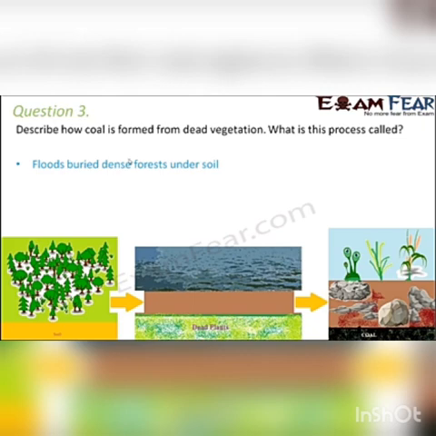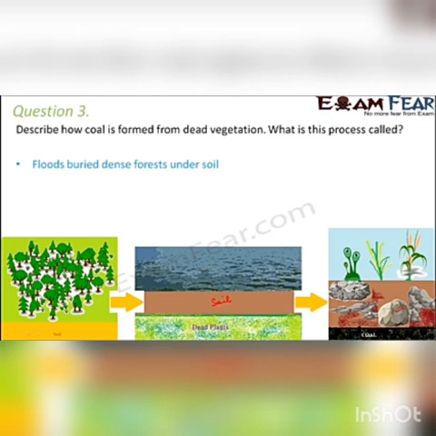So floods buried the dense forests under the soil. As you can see here, these are the dense forests, the dead plants. Above the dead plants was a layer of soil, and over a period of time, by which I mean millions and millions of years, this layer of soil kept on increasing. More and more soil got deposited, rocks got deposited, stones and so many other things got deposited.